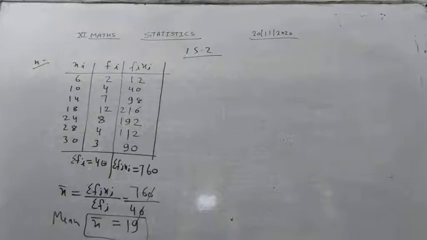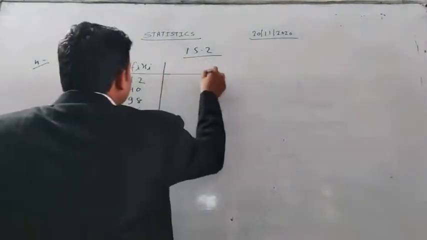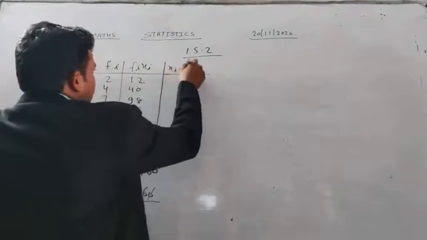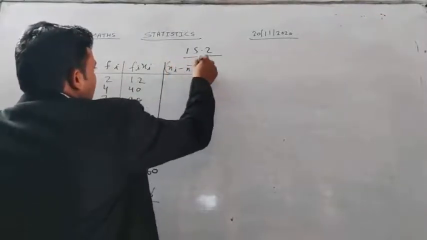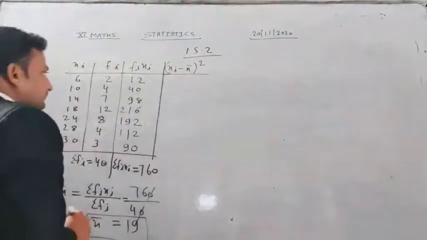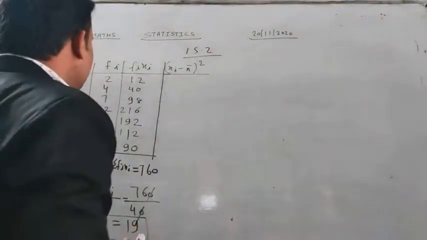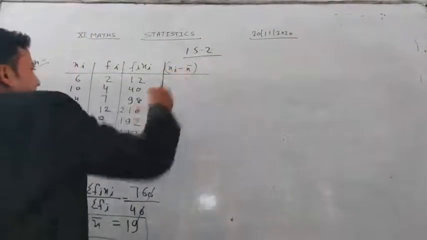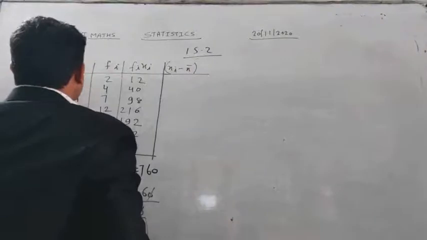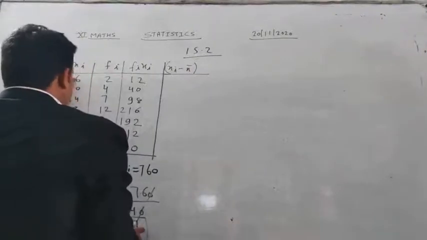For variance, we will subtract this mean: xi minus x bar whole square. So we first find out their difference. xi is 6, x bar is 19.